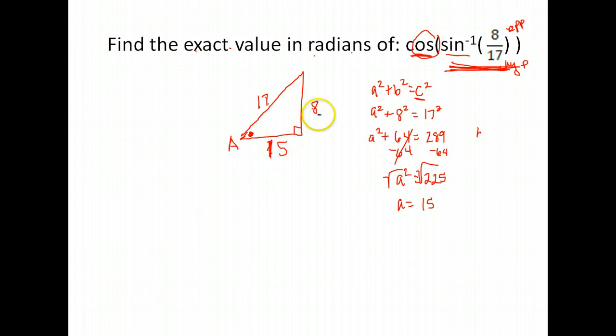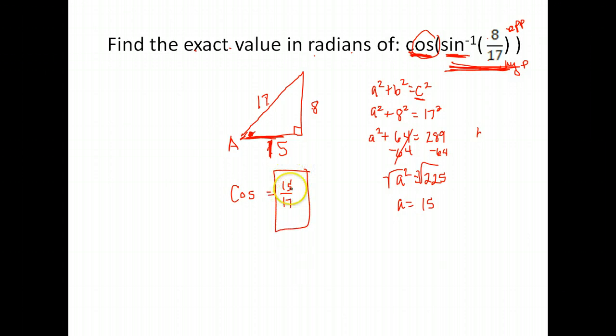So we're able to answer our question now. Again, inverse sine or arcsine of 8/17 means what angle has a sine of 8/17? It would be this angle here in our triangle. And then when we do cosine of that, it says what is the cosine of that angle? The cosine would be the adjacent over the hypotenuse, or 15/17 would be our answer.